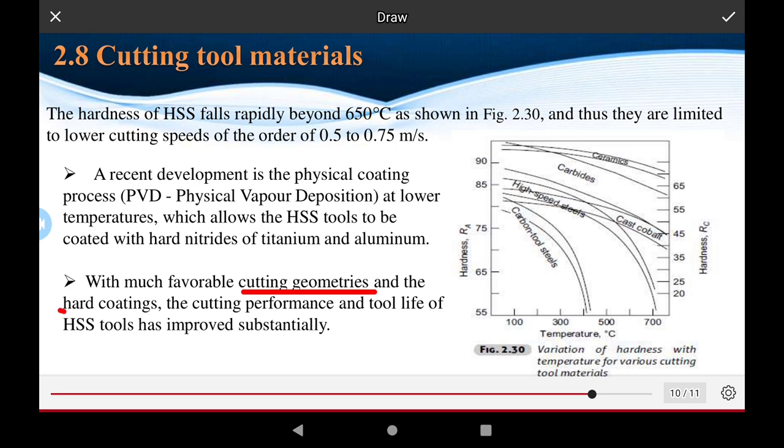The hard coating improves the cutting performance and tool life of the HSS tool, and the stability of the cutting geometry of the tools.